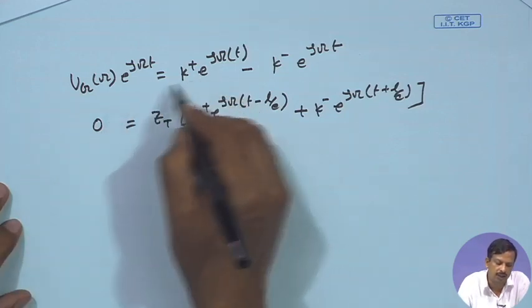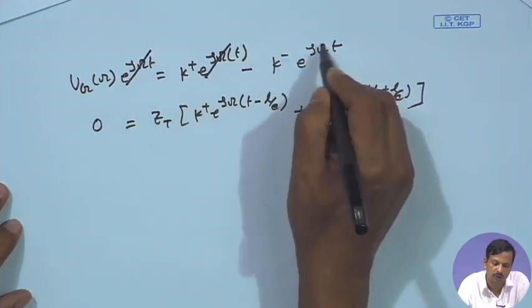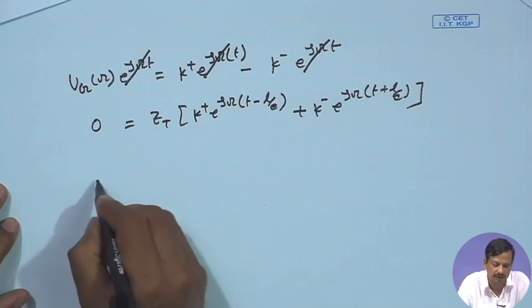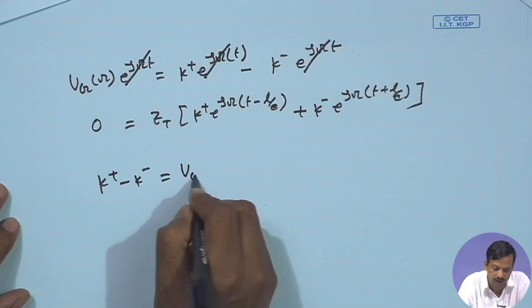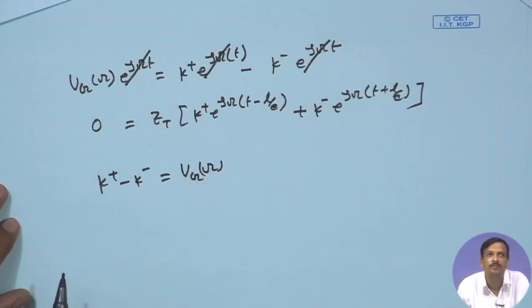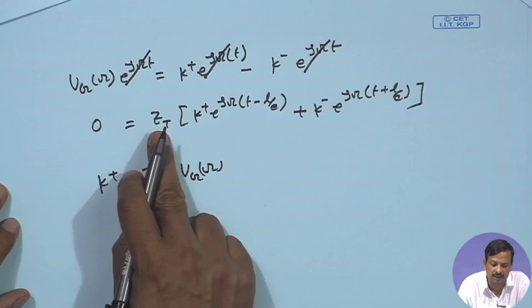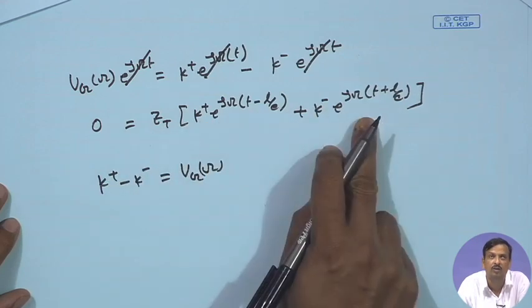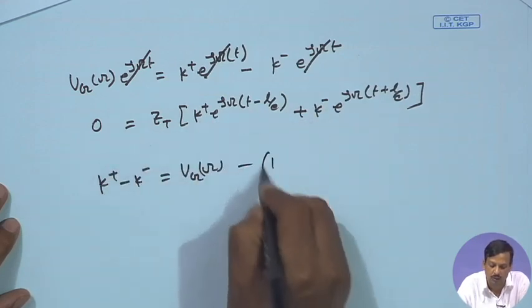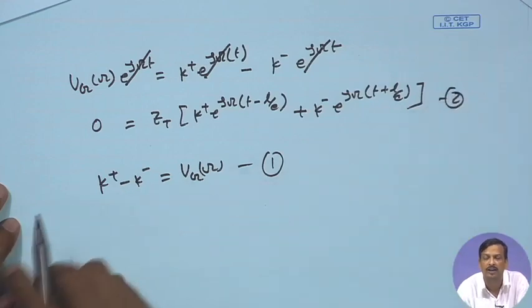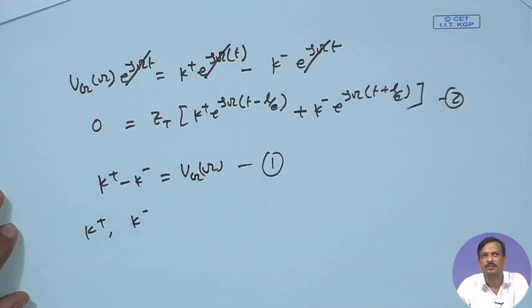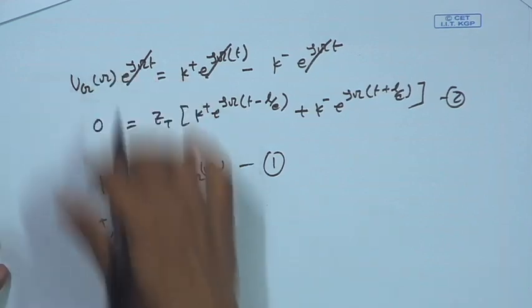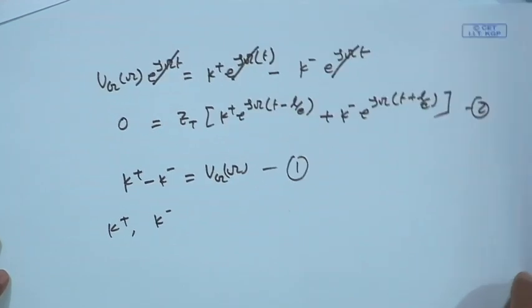From here, e to the power j omega t cancels. So, k plus minus k minus is equal to u g omega, and here z d is equal to k to this, this is equal to this. This is equation number 1 and this is equation number 2. Again, I can solve for k plus and k minus. I am not deducing the solution because you can do it easily; you can just deduce the solution and find out k plus and k minus.